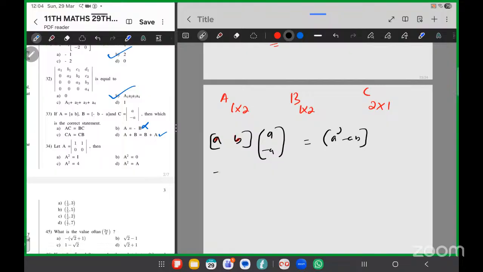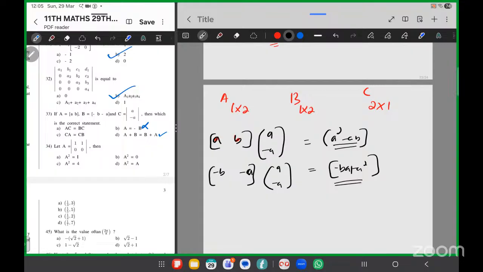Minus B minus A is multiply with A minus A means it will become minus BA plus A square for a single element. Is this A square minus AB? Okay. This is A square minus AB.